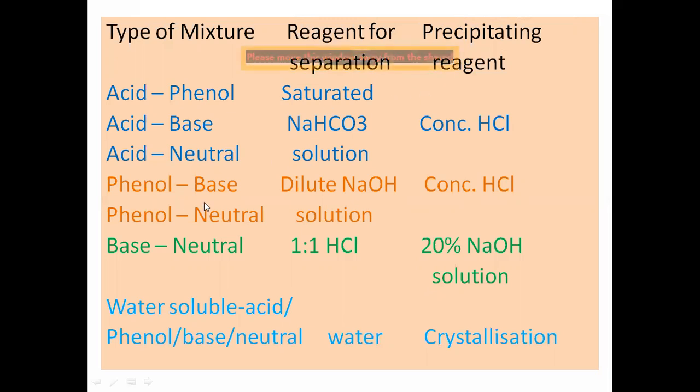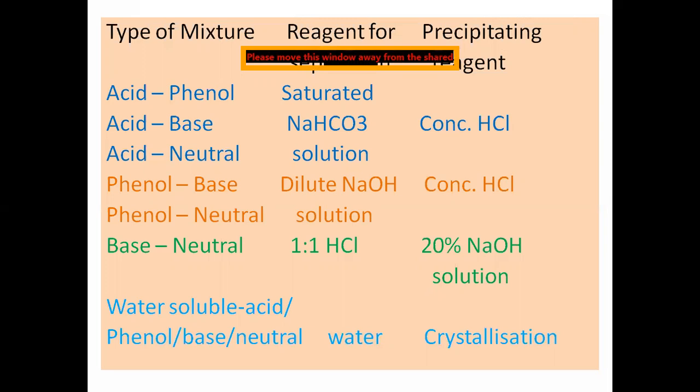Now if phenol base or phenol neutral is present, for that the separation reagent is dilute NaOH solution. If the mixture contains phenol base, you add this dilute sodium hydroxide solution. Your phenol will form the salt, sodium phenoxide, and it will get dissolved in the water.